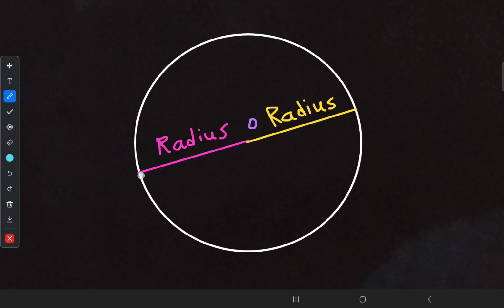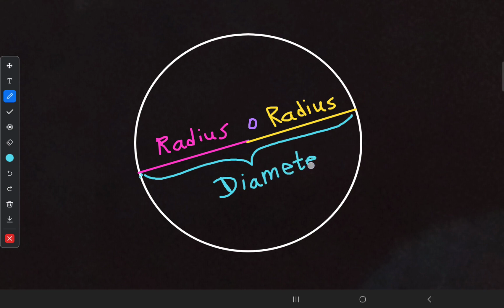When we draw a straight line from the circle through the midpoint to the other side of the circle, previously we indicated that length, I'll use a curly bracket to indicate that one, as a diameter. Here you can clearly see one diameter.